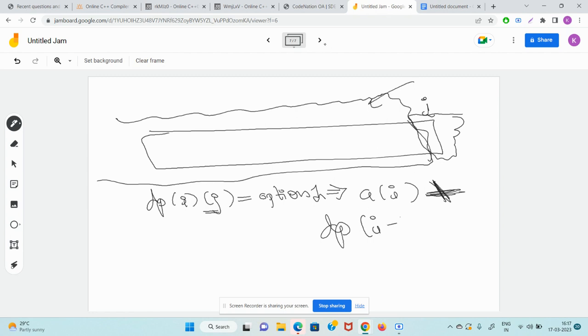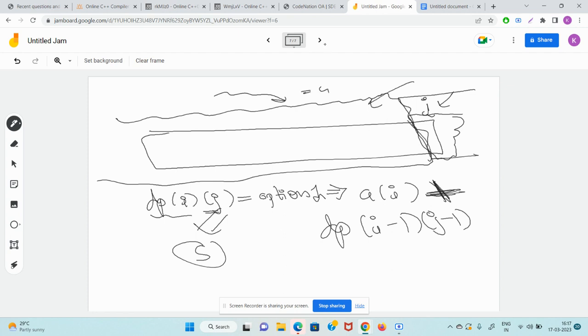So dp of i minus 1 and j minus 1. Why j minus 1? Say j was 5. You are trying to divide it into 5 parts. Now you took the last element in the last part. So now you should divide the leftover array into 4 parts. That's why I'm writing j minus 1. Okay, this is option 1.